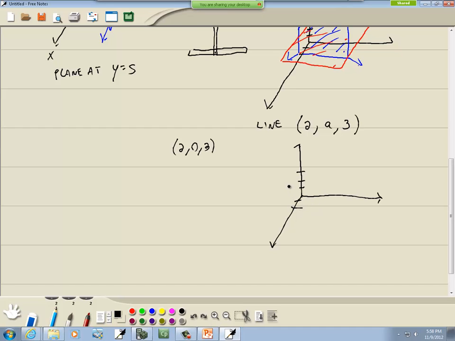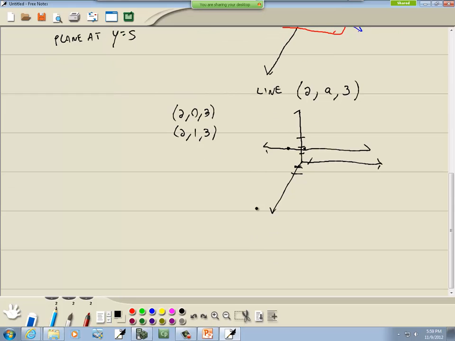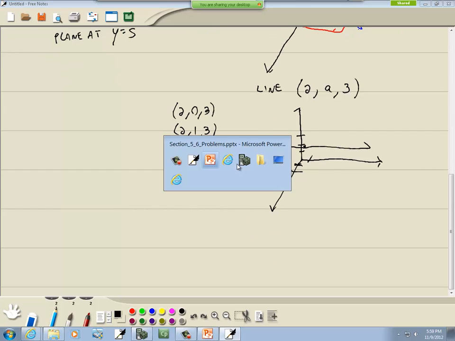So 2, and then go up about that distance, be right there. If I did another point, 2, 1, 3. So same there, but now it's 1 this way. So go to 2, over to right here, and up like that. So it'd be a line going like this.